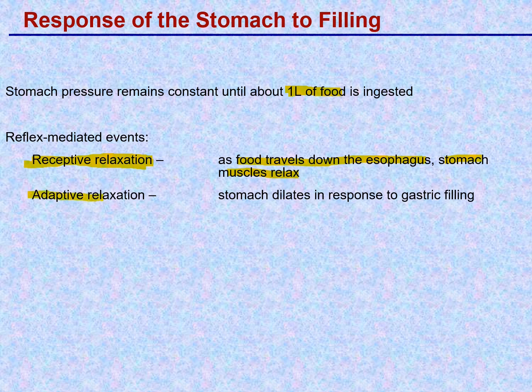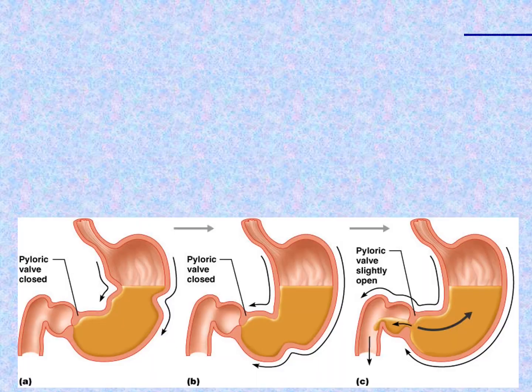Adaptive relaxation is a subtle difference. Food traveling down the esophagus and entering slowly into the stomach causes stomach muscles to relax, but the stomach filling itself allows the stomach to actually dilate or expand more. So that's the adaptive relaxation. Receptive, as it's receiving food, and adaptive, as it adapts to the presence of that space-filling food.